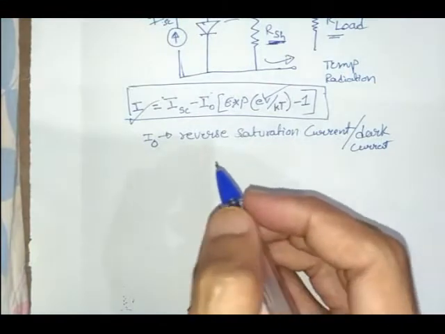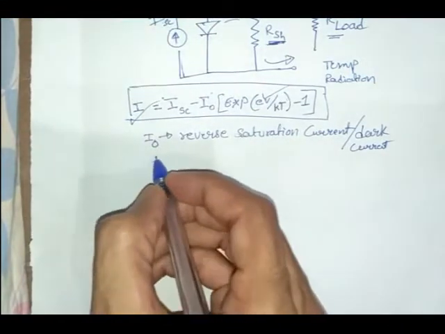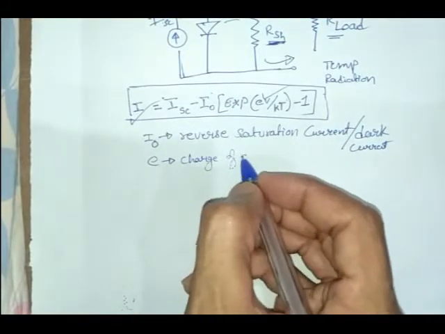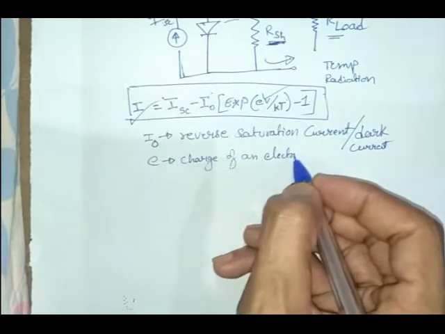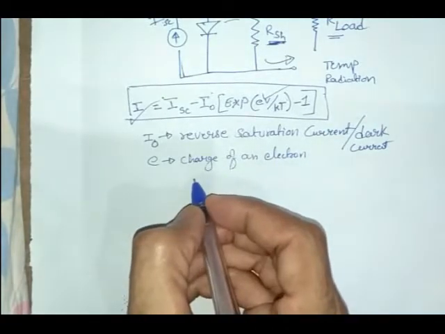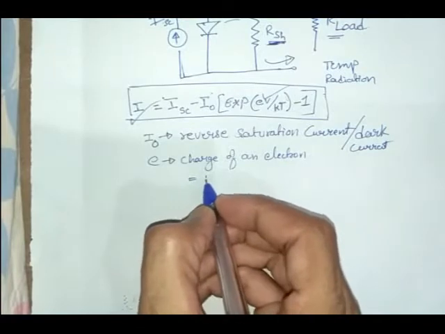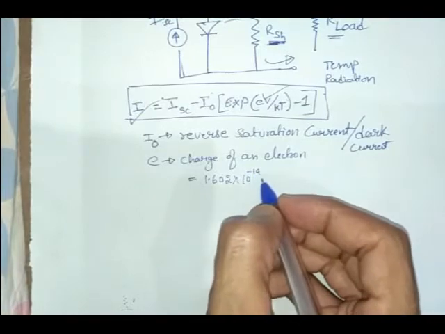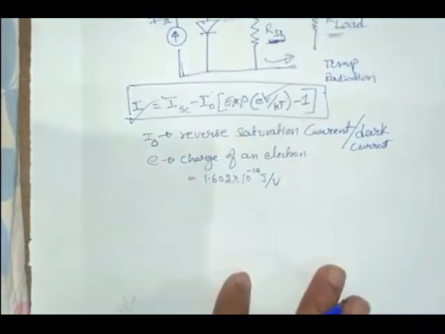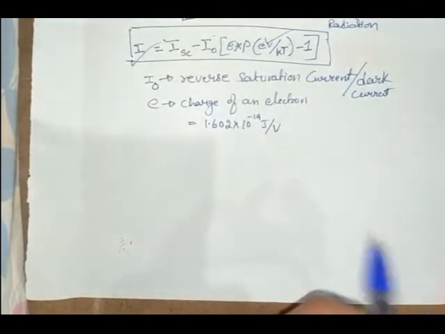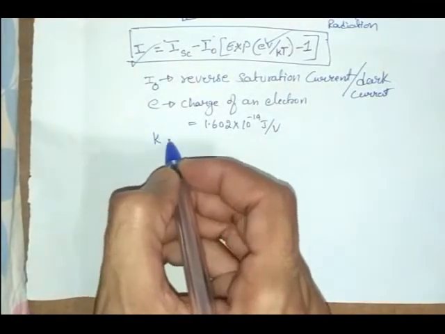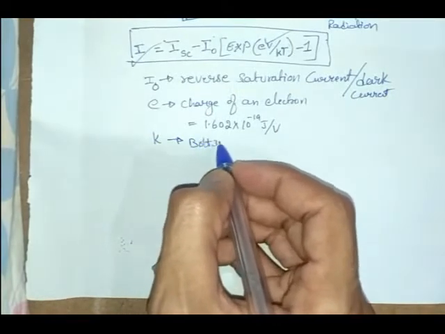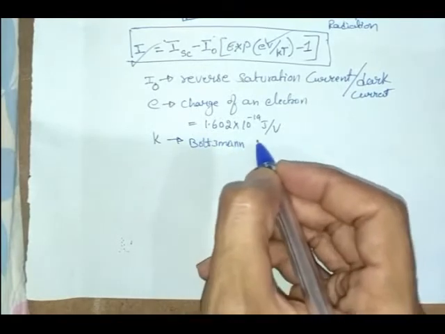E is the charge of an electron, and that is nothing but 1.602 into 10 power minus 19 joule per volt. And K is the Boltzmann constant.